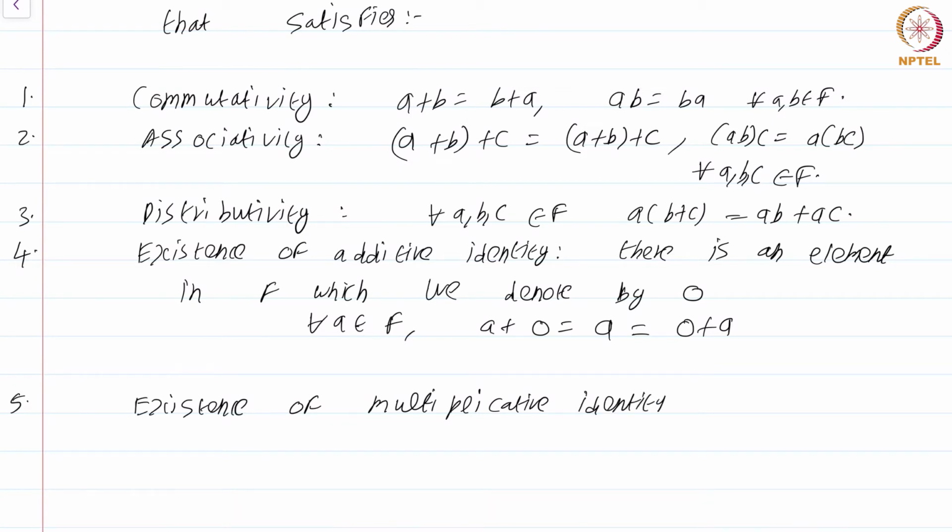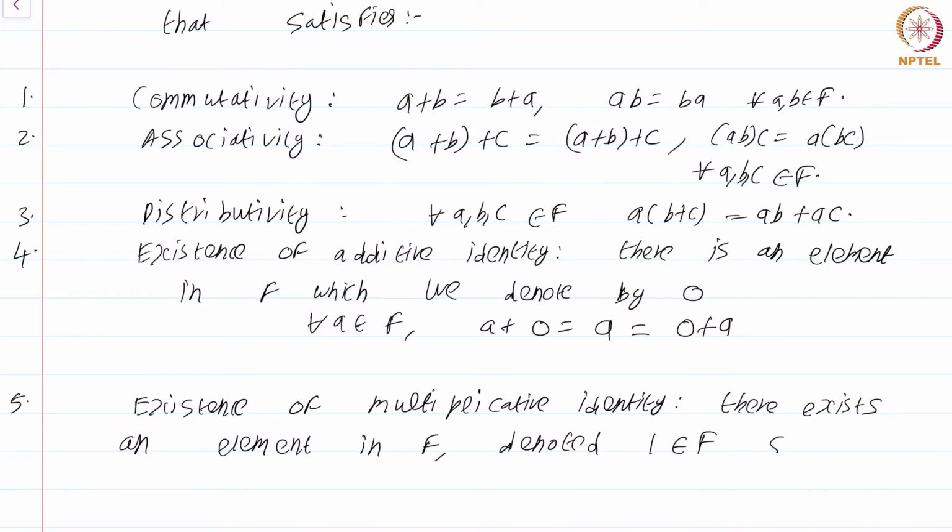This says that there exists an element in F, denoted 1 this time, again for the same psychological comfort, such that a into 1 equals 1 into a equals a.